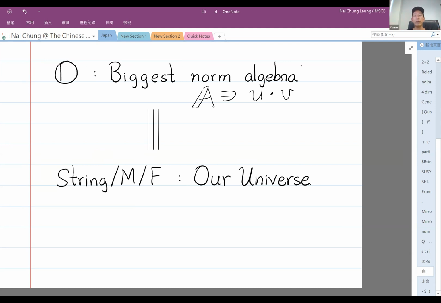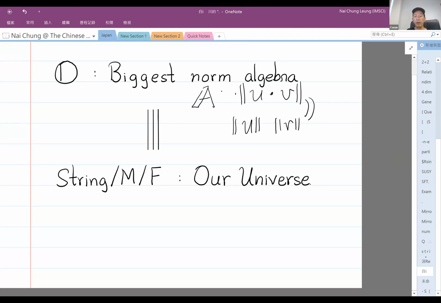We have to have a way to measure stuff, so you have a norm for each vector, a non-negative real number. Then the algebra structure and the norm structure have to be compatible, meaning that if you take the product and then the norm, or you take the norm and then multiply them together, it should be the same. If you satisfy this property, that's called a norm algebra.